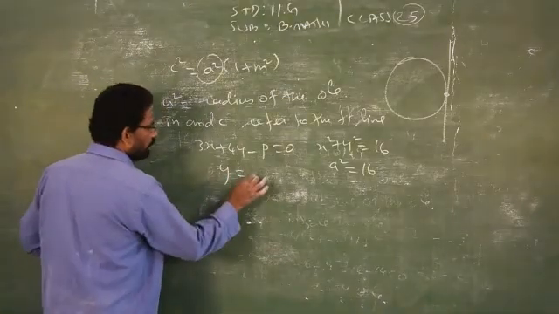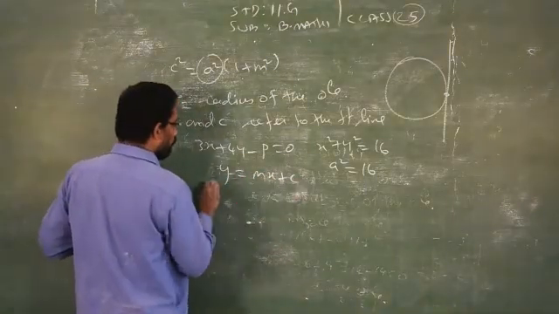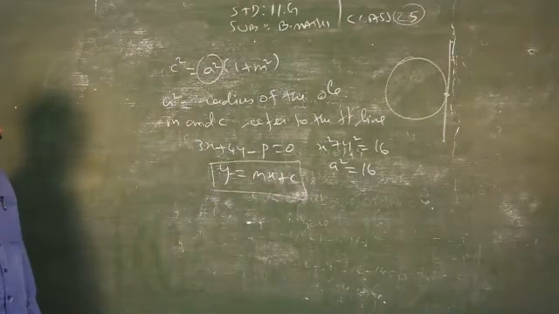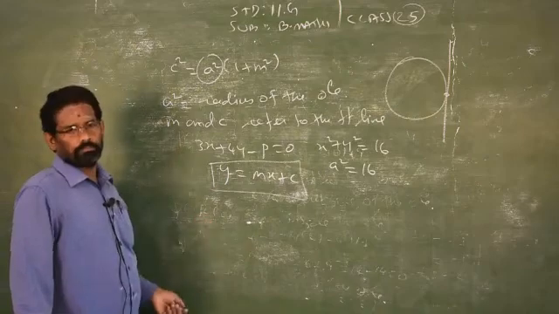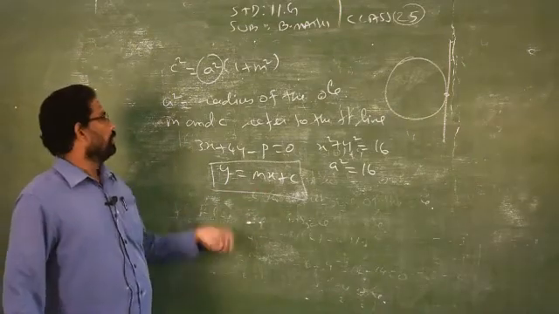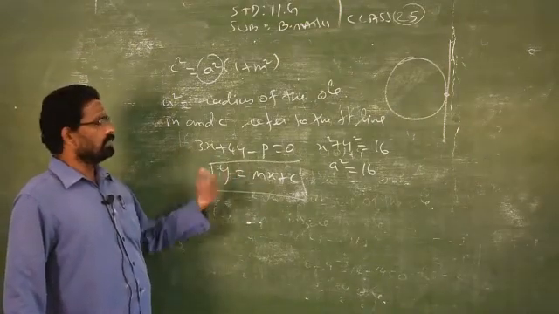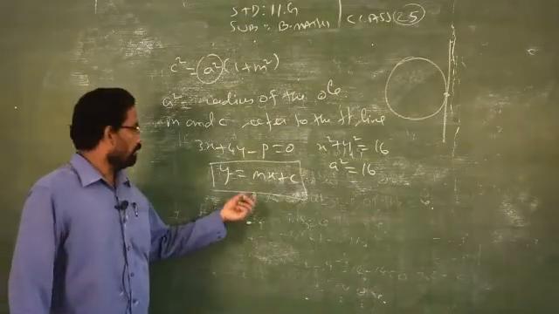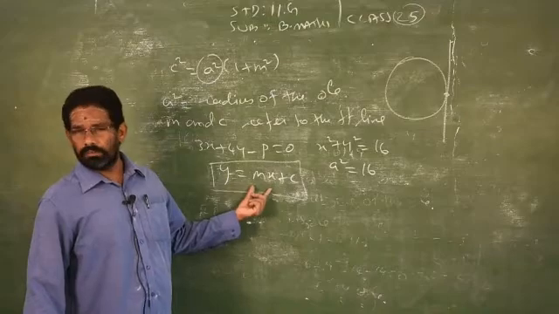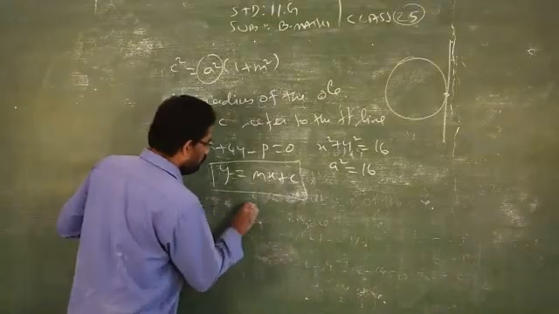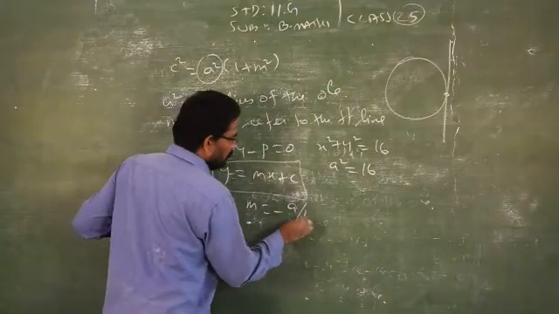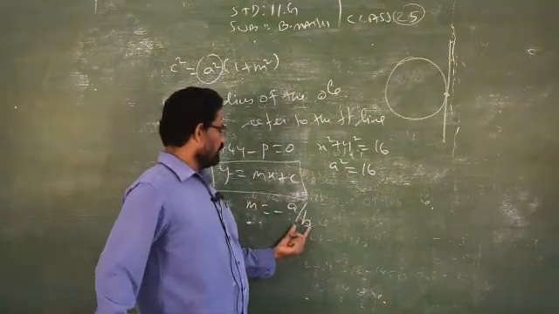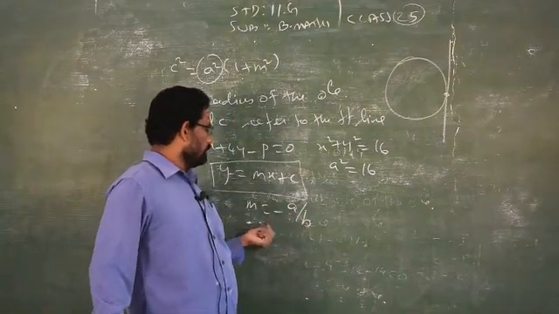For that, you have to rewrite the given straight line in the standard form, that is y equals mx plus c. Here m stands for slope. You know how to find the slope by using the 10th standard formula, minus a by b. Clear? By using that formula you can find the slope, that is m.